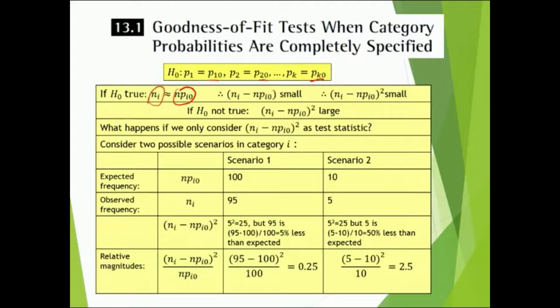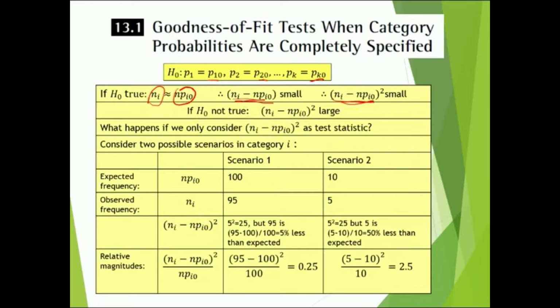If the null hypothesis is true, they should be close, so the difference should be small, so the squared difference should also be small. And if the null hypothesis is not true, the squared difference should be large.